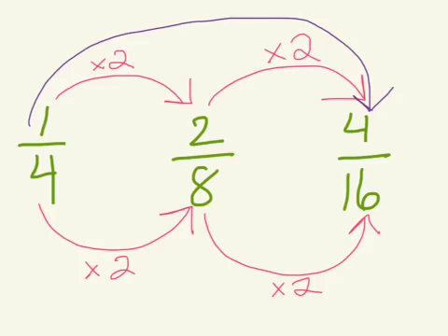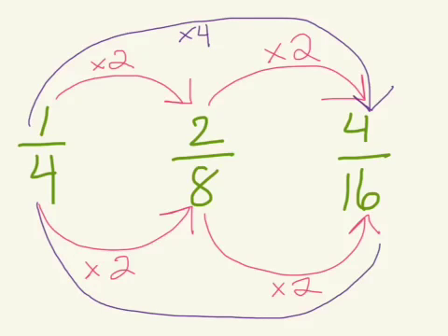In order to do that, you multiplied by 4. And in order to get from 4 to 16, you also multiplied by 4. Because whatever you do to the top, the numerator, you've got to do to the bottom, the denominator. So that is one way of making equivalent fractions.